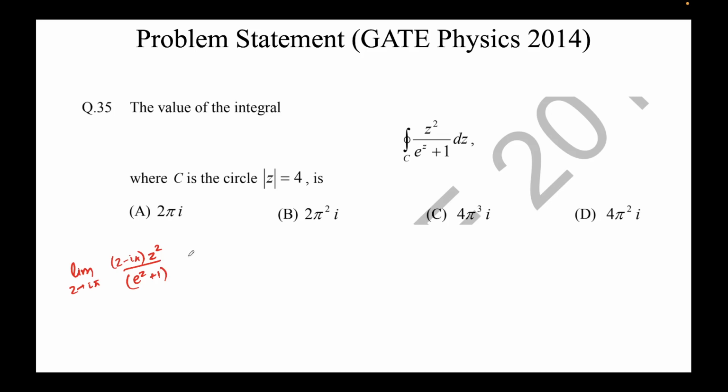How do I do this? This is 0 by 0 form. What I can do is apply the L'Hospital rule.